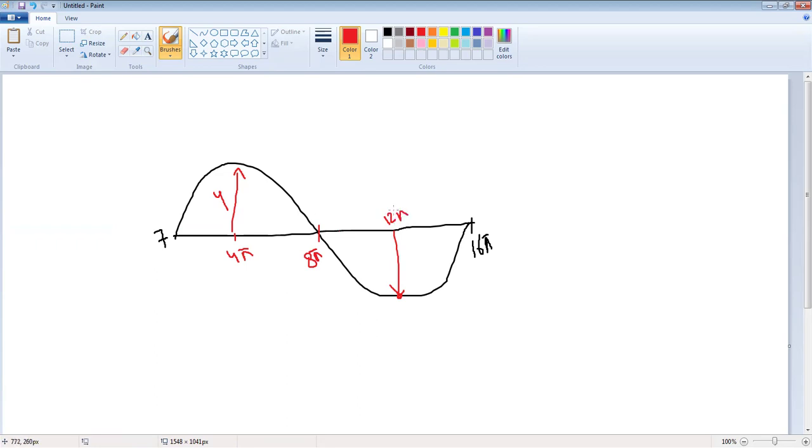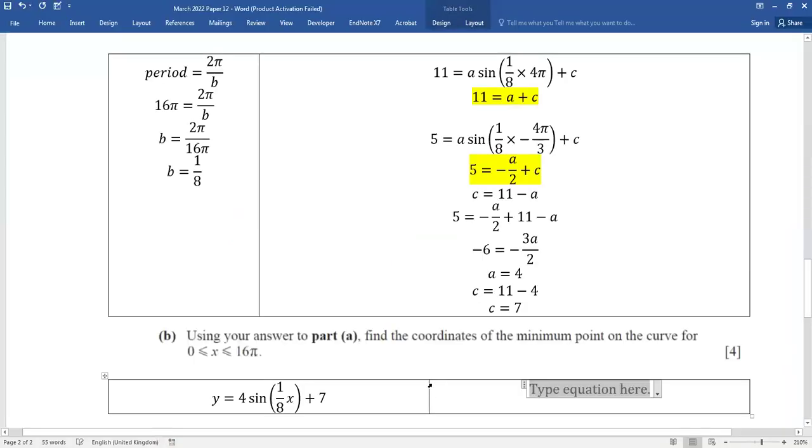So what will be the minimum point? 12 pi, comma, 7 se 4 units. If I go down, where do I end up? 3. Is that right? Yes, sir. So the minimum point is 12 pi, comma, same curve that you just drew here.